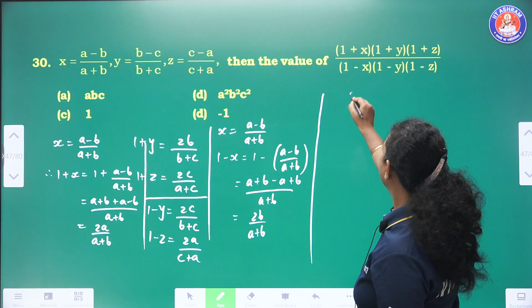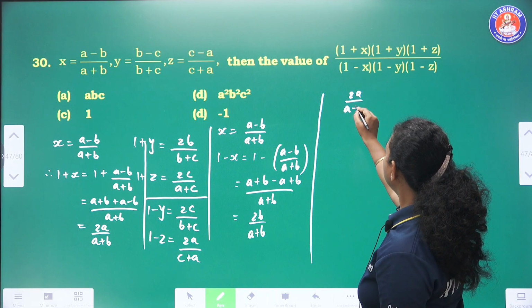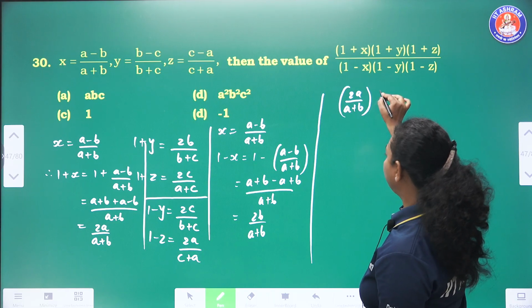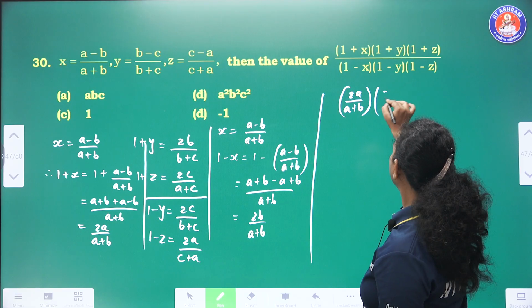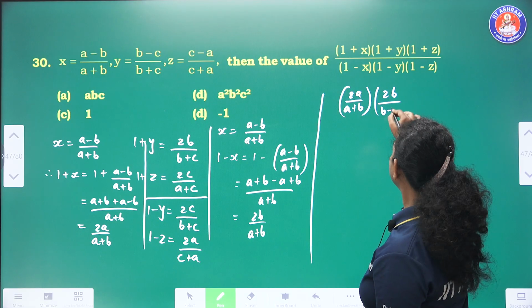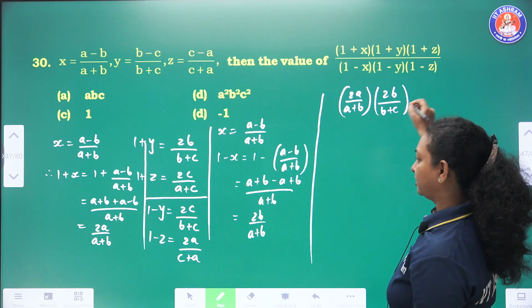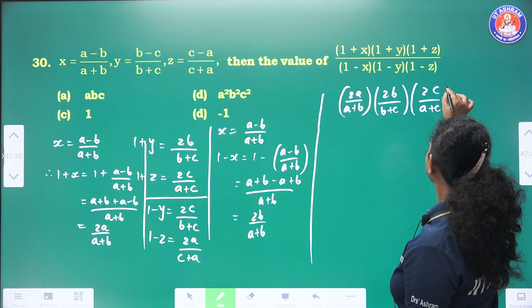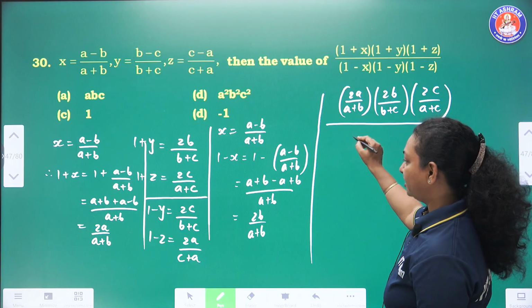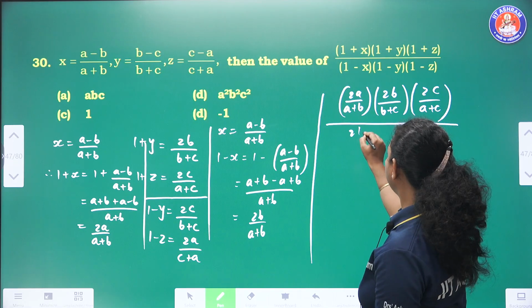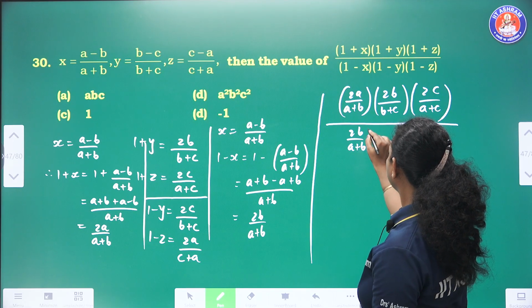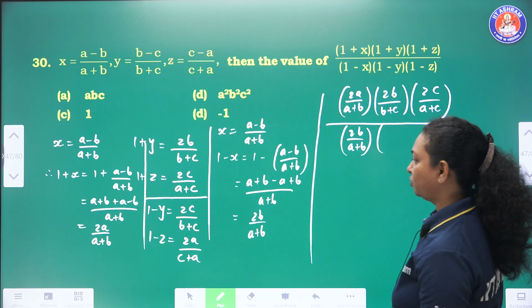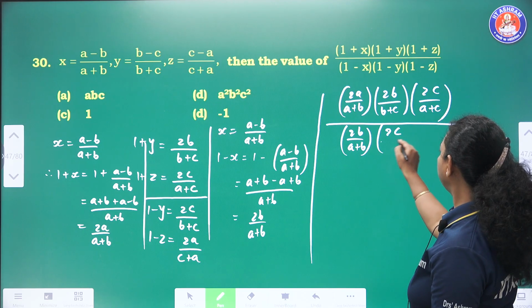1 plus x is equal to what? 2a upon a plus b. 1 plus y is equal to 2b upon b plus c. 1 plus z is equal to 2c upon a plus c. 1 minus x is 2b upon a plus b. 1 minus y is 2c upon b plus c.